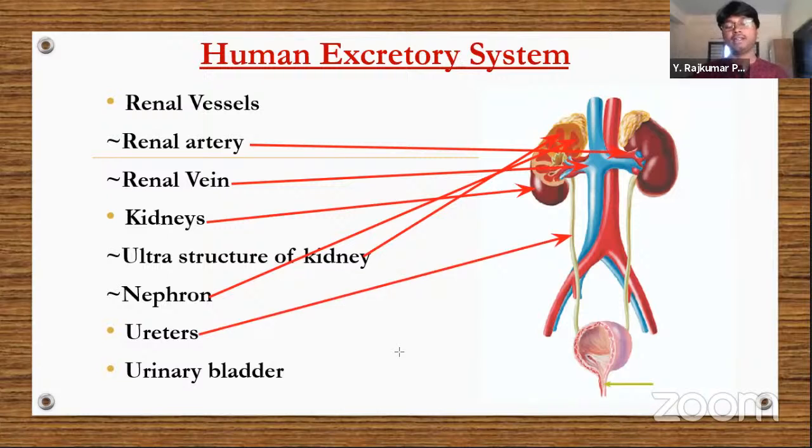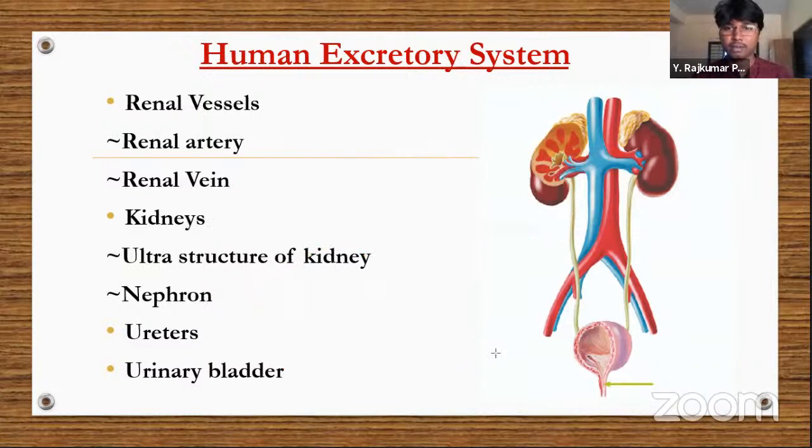They carry out the urine which is formed in the kidney, and connect the kidneys with the urinary bladder, which you are able to see. This is the diagram of the human excretory system. You have to draw it, and label the parts as well. Let's learn further about the kidney and its structure.